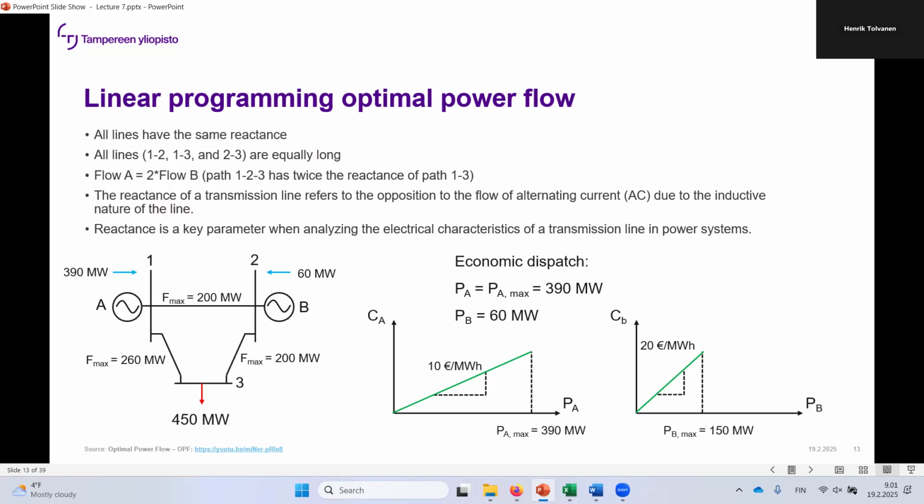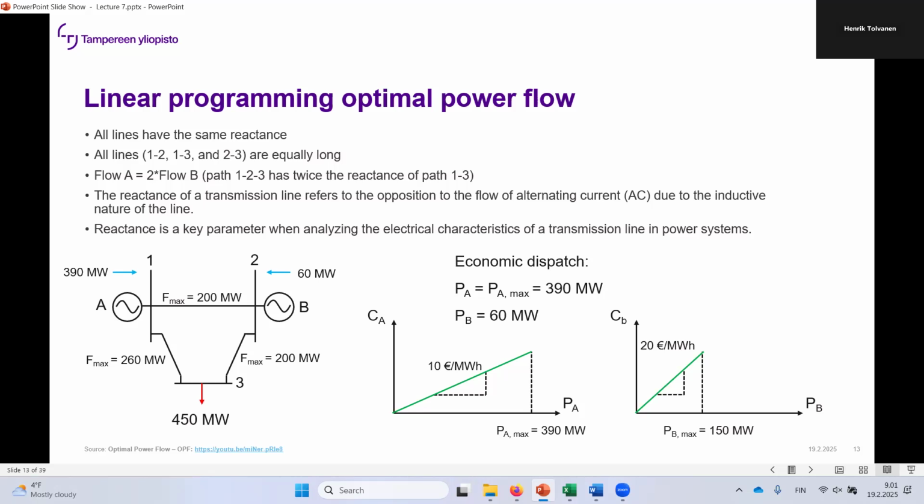But since we have these transmission line limits in here, we can apply the superposition and see if this one is exceeded. If we're inserting 390 megawatts from here, it's going to flow from 1 to 2 and to 3, and also from 1 to 3.